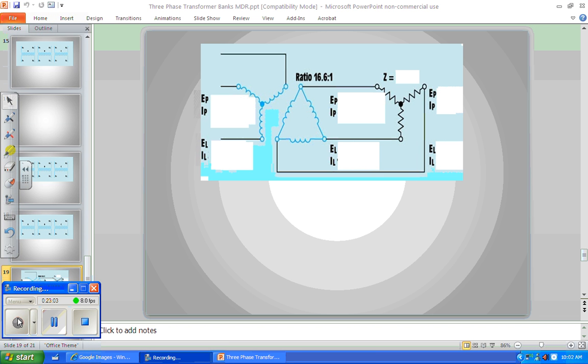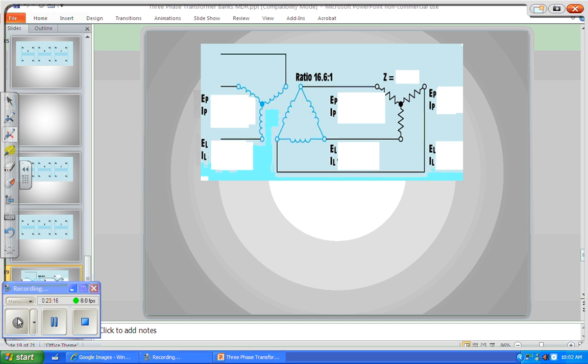All right, let's now look at a Y delta Y, and we're going to say that we have 575 volts coming in as our primary line voltage. And let's pick a resistance before we start, and we're going to suppose that it's all resistive just to keep it nice and simple for the moment. What was our resistance last time? 8 ohms.